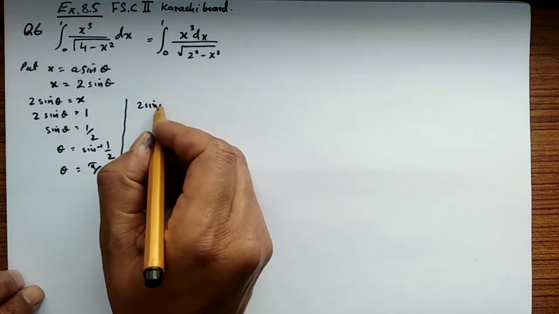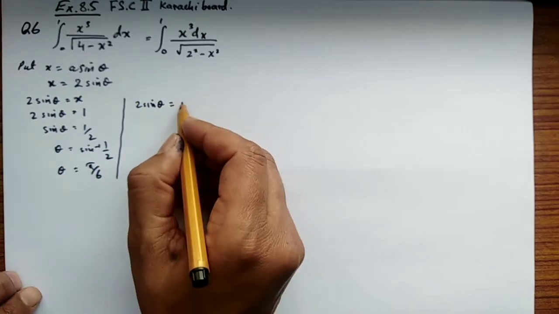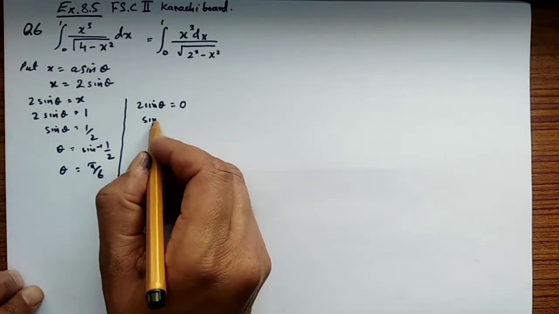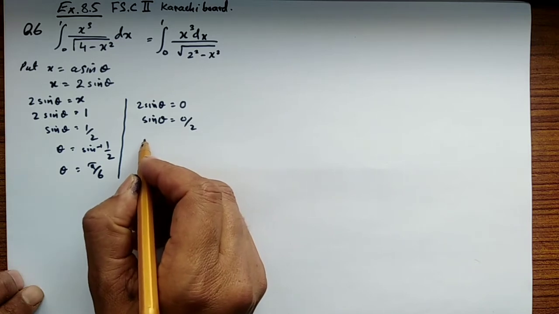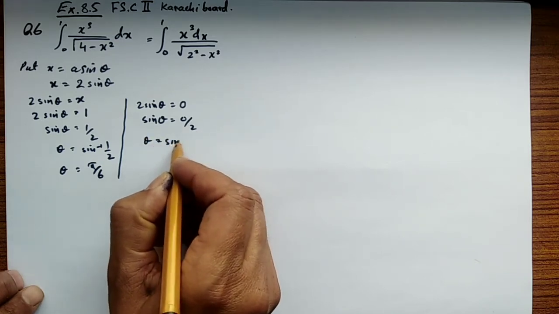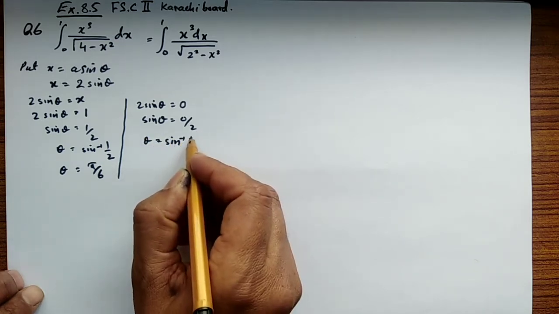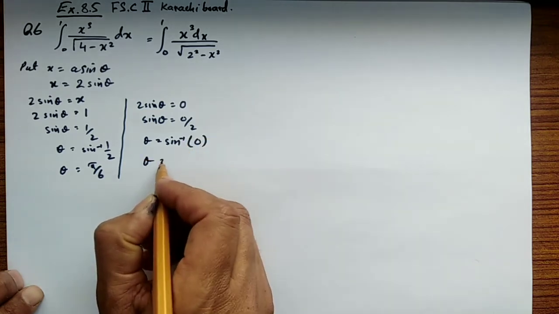For the lower limit, 2 sine theta is equal to 0. Sine theta is equal to 0 upon 2, which is 0, and theta is sine inverse of 0, so theta is equal to 0.